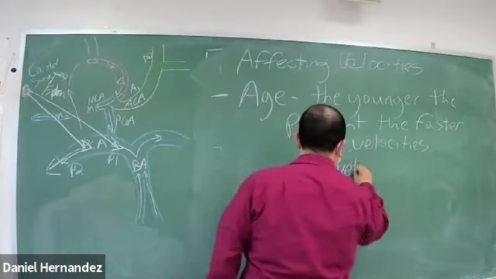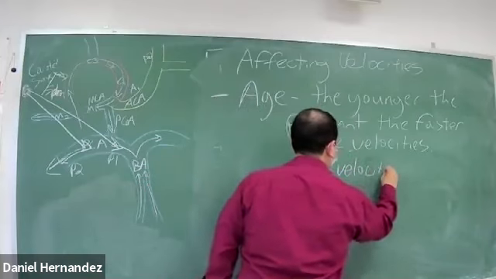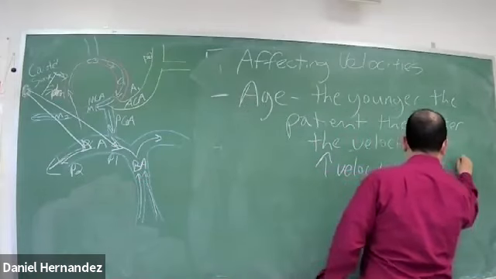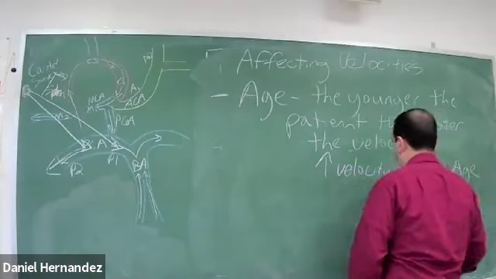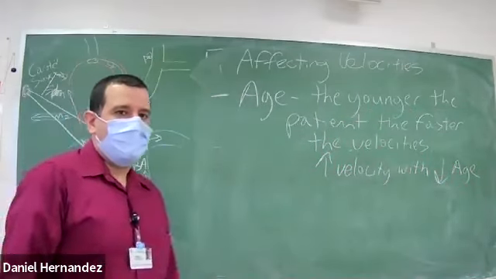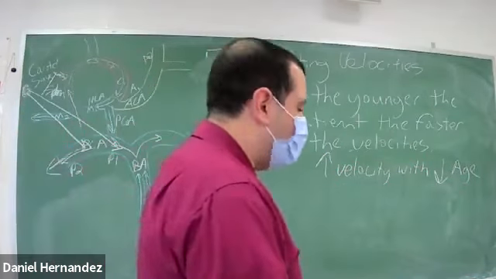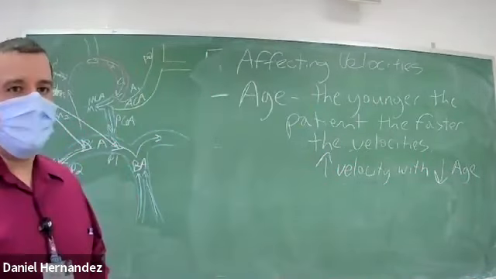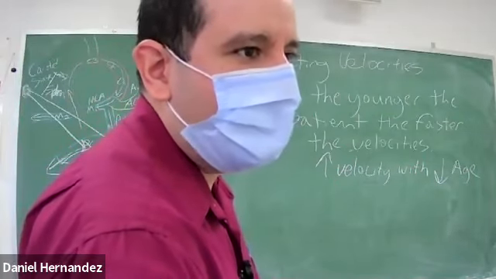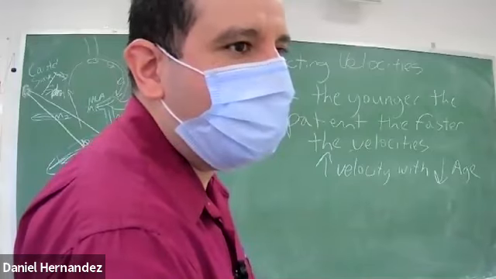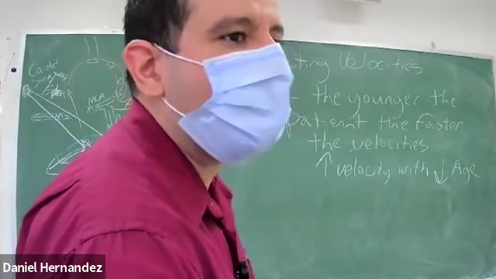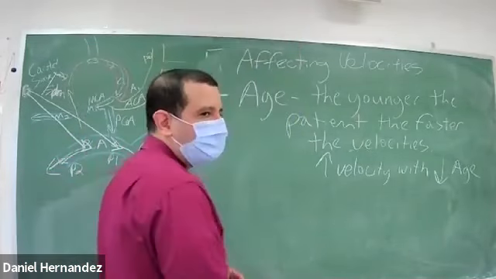Increase velocity with decrease in age, so inverse relationship. There's actually a chart in the slides that shows normal velocities with age, and the normal velocities in a child are much, much faster than in an adult versus a senior patient.